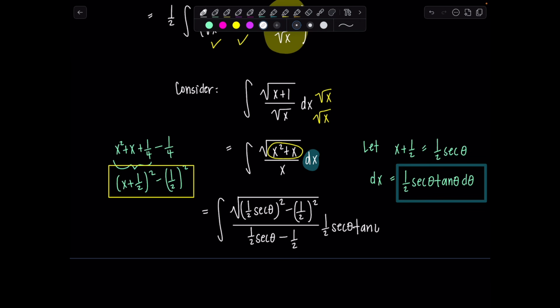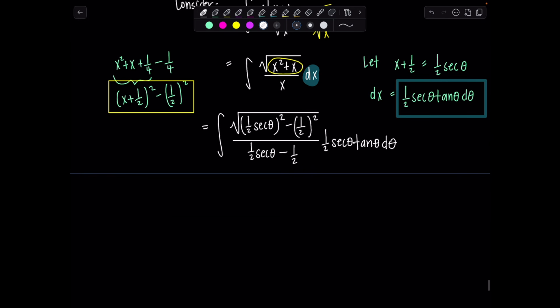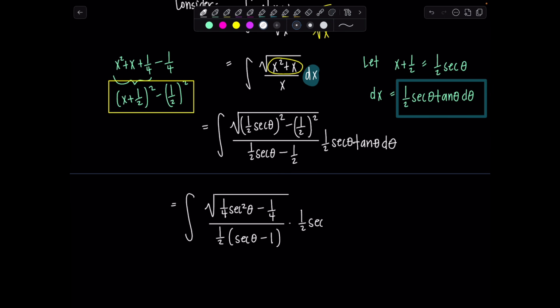Okay, perfect. Let's clean up. So we have the square root of 1/4 secant squared theta minus 1/4 over, I could take out a 1/2 here, secant theta minus 1, times 1/2 secant theta tan theta d theta. The 1/2s cancel. If I take out a 1/4, that's secant squared theta minus 1, and all of that is underneath the square root sign.